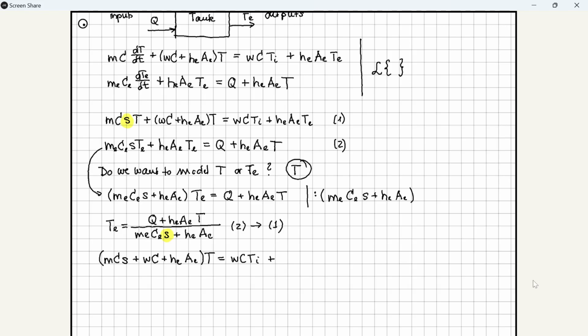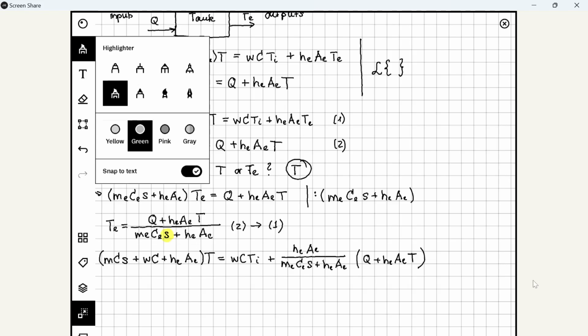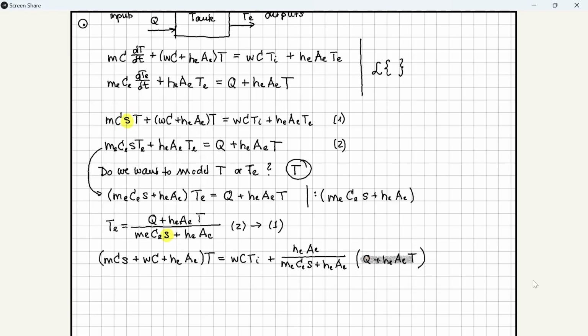So now we have to stick in our HEAE divided by MECES plus HEAE times Q plus HEAE T. Okay, so to show you what I did, I've taken, this comes from over here.